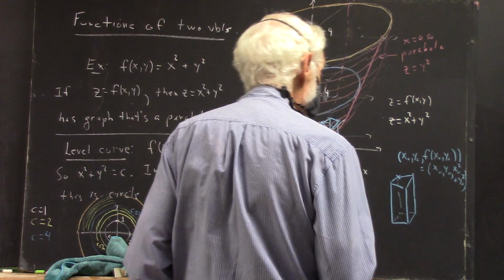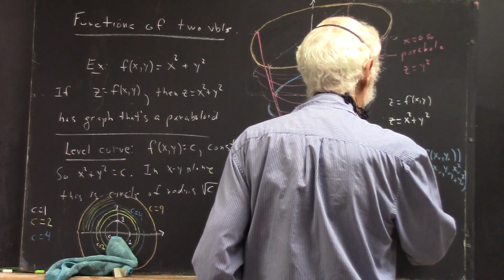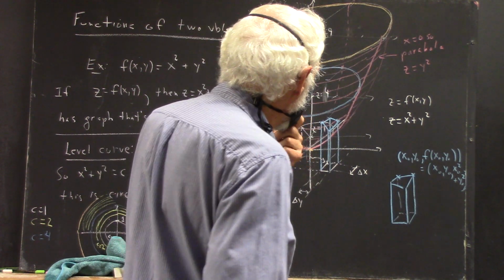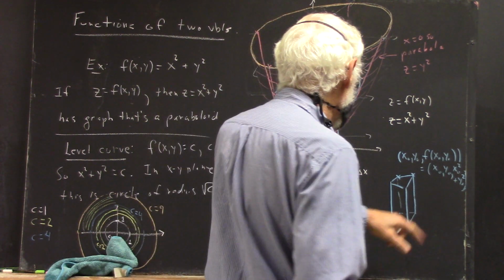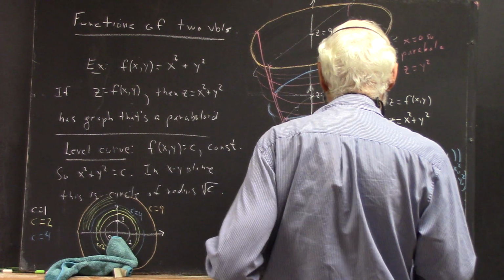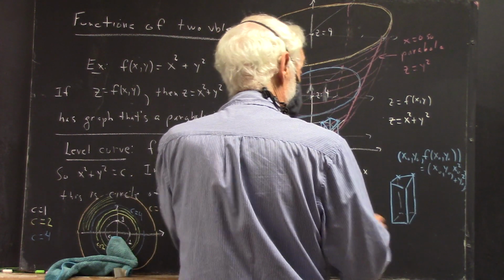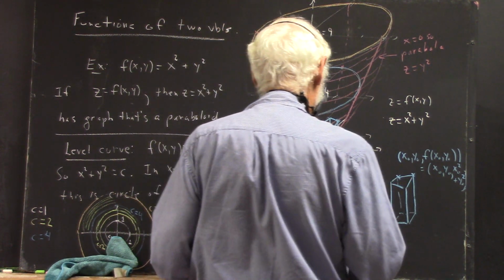Okay. Then this point here, well, what are the x and y coordinates of this point? This point down here is, I'll label it up here. I don't want to label it here because there's going to be enough labeling and we're going to run out of room.